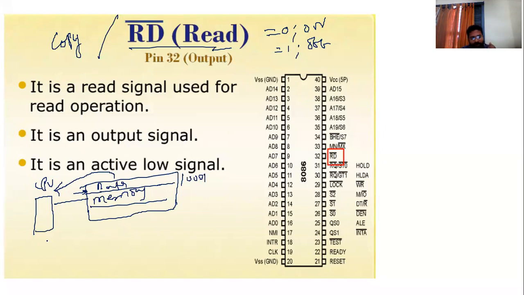For suppose, when the data is available on the CPU, you send it to the memory. You can see the arrow. Data is available on the CPU, send it to the memory. For suppose you write an examination.